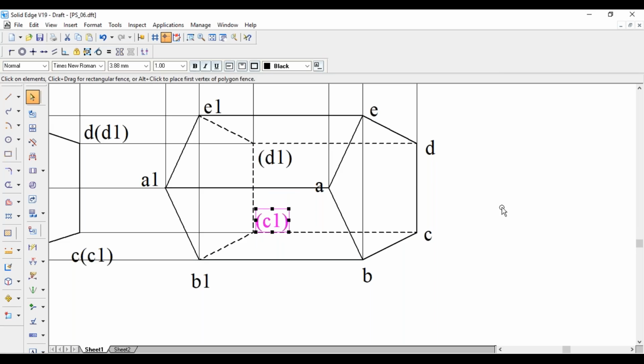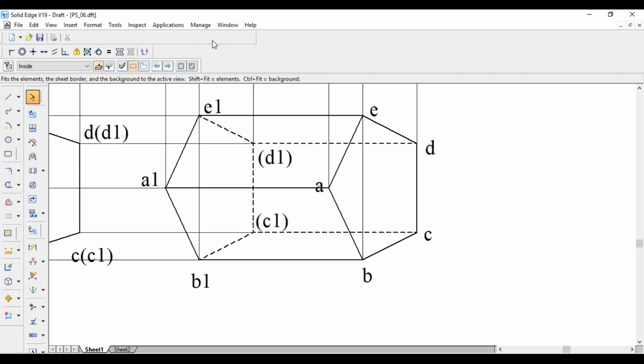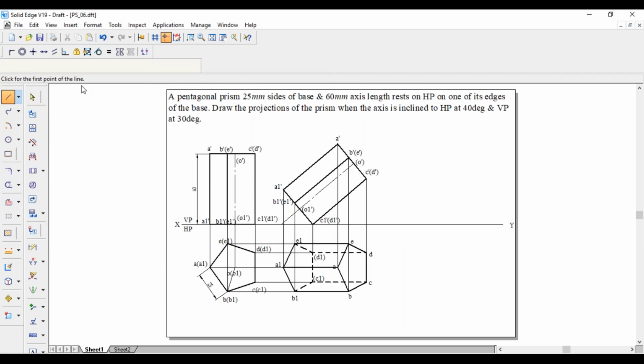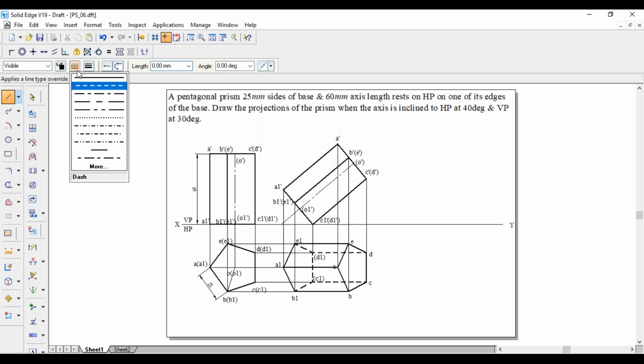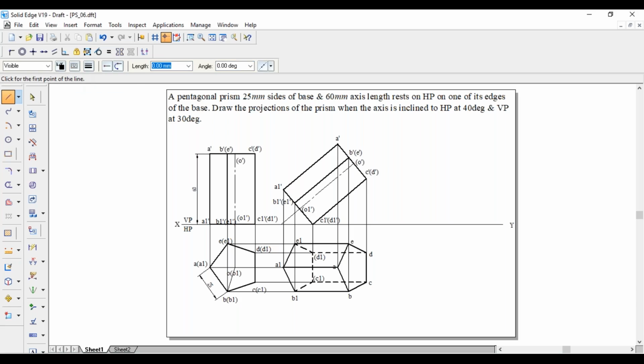Next, moving to the axis. So from o1 dash, here O1 will come till this much, and from o dash, here it will come. So here we have to show o1 dash, that is O1, as a chain line.